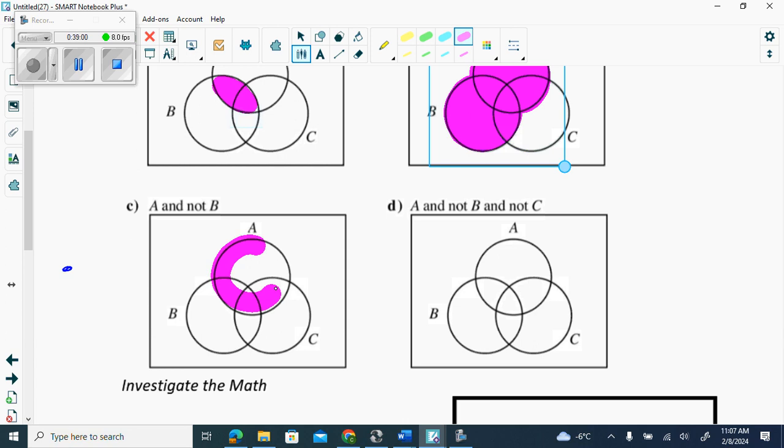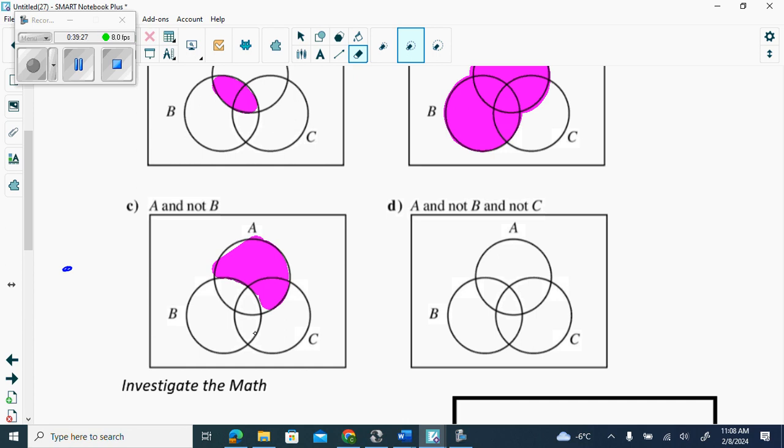This is A, but I want what's not in B. We agree? So if you look at and not as but not, it makes it a little easier for you. And remember that ands are small areas. Ands are small areas, or large areas, or more, okay?